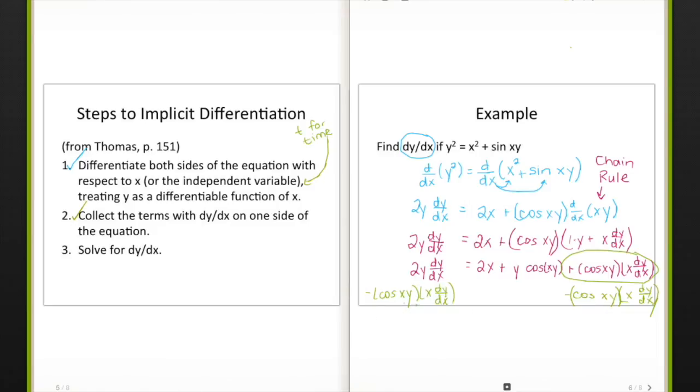Now on this left side, I'm going to factor out my dy dx, which will make the process of solving for it much easier. So that leaves me with dy dx times 2y minus x cosine xy.